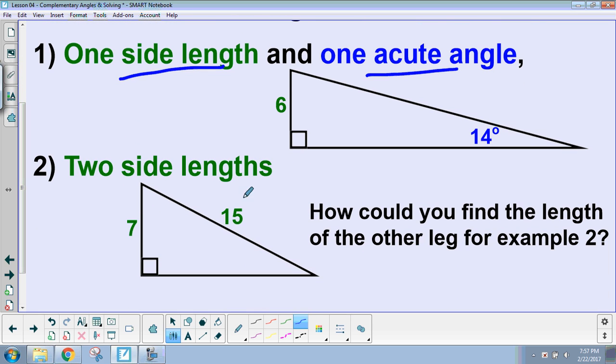How could you find the length of the other leg, for example? Obviously, Pythagorean Theorem, PT, a squared plus b squared equals c squared. And as long as you have two pieces of information, you can solve the rest.